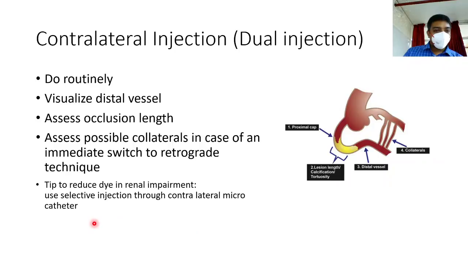There is a tip to reduce the dye, because we know that dye use will be more. Suppose this is an RCA lesion and we want to do a dual injection. We should not inject from the ostium with a regular catheter. Instead, we pass a microcatheter through the ostium and keep it near the collateral, and then we inject, so that much dye we can save. Selectively we inject into the collateral.